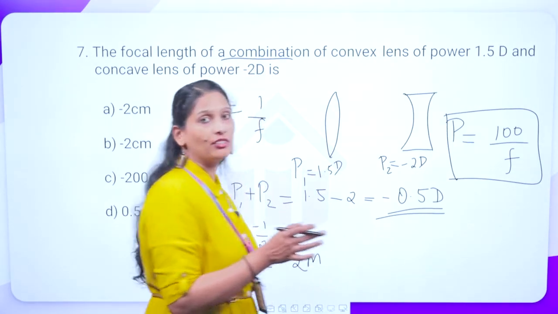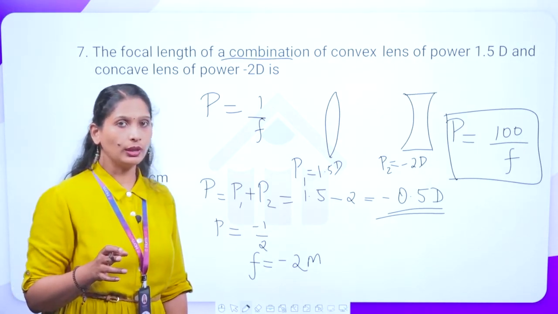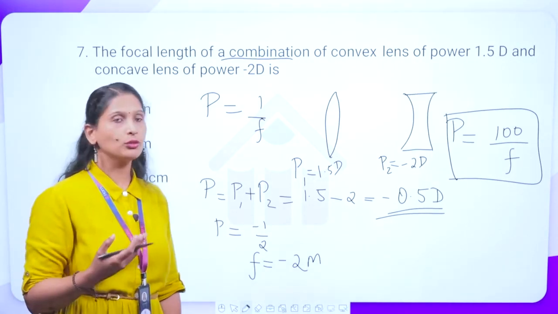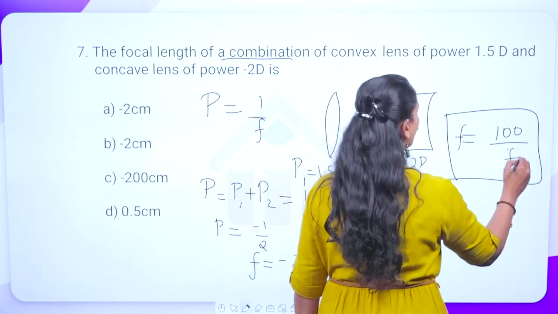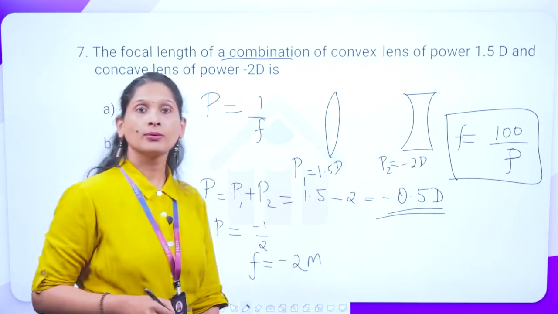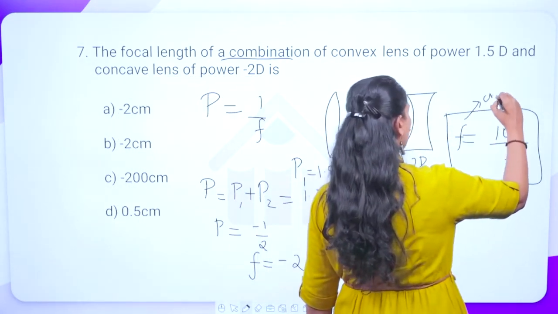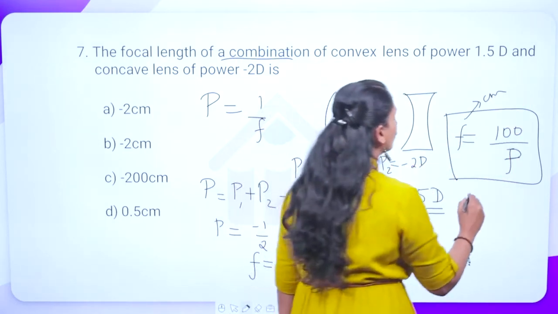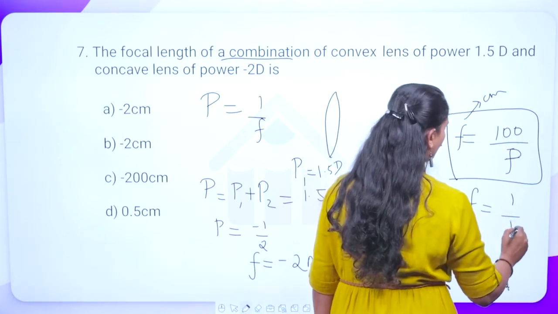Just do 100 by F. That will give you the direct value of focal length. Okay, so that is how you have to consider the equations. If you want focal length in centimeter, you can find it like this, or if you want focal length in meter, it is like this.